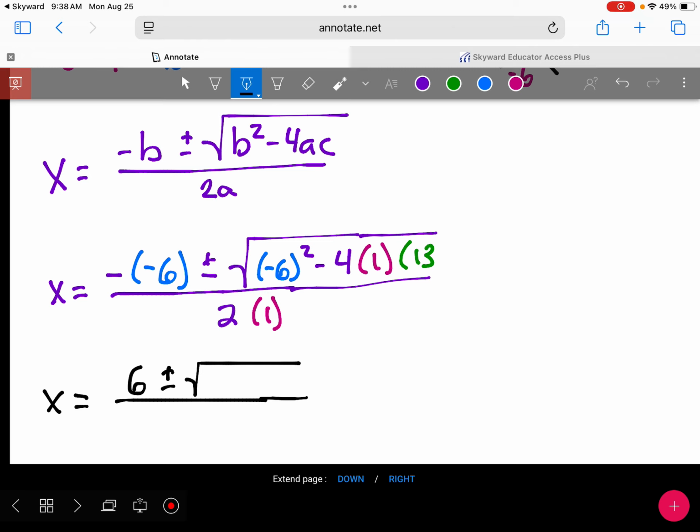So 36 minus 52 is a negative 16. What is the square root of negative 16? 4i. This is the same thing as if I had x equals 6 plus or minus 4i over 2. Can that simplify?